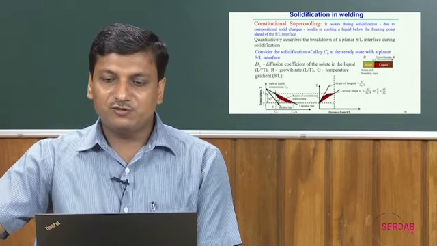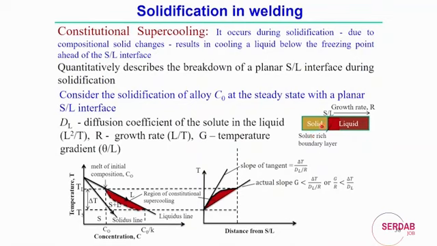First, if we look into the first figure, there is a transition from solid to liquid phase. Here the growth rate is R, which is linked to the way the solid-liquid interface is moving. The zone between the solid and liquid is called the mushy zone.